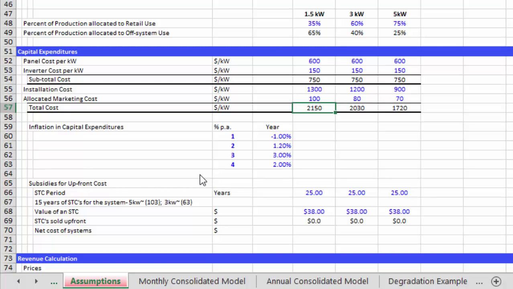I guess there are either enormous economies of scale and the installation costs are much, much higher, or what have you. But I put some different costs in for the different amounts.